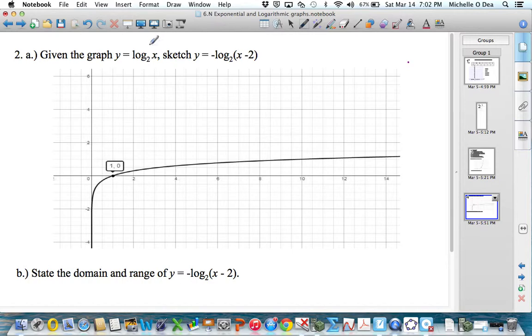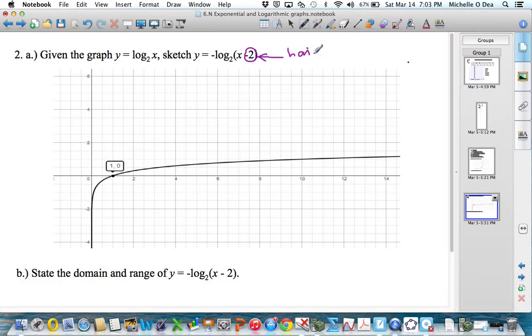We know with all basic parent functions here, with log x base a, it always has an x-intercept of 1, 0 and always has the y-axis as an asymptote. Let's see what happens now. Let's start with this -2. This -2, it's inside the bracket with the x, so it's horizontal.